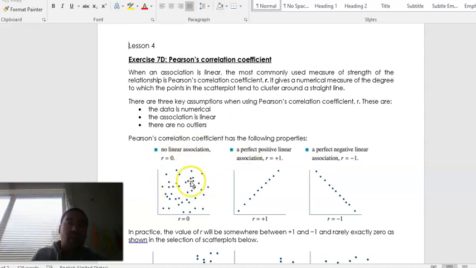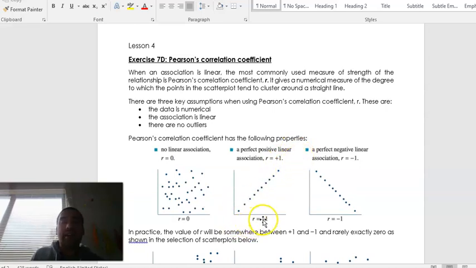So right here we have that there is no linear correlation. And when something doesn't exist correlation wise, we just say, look, R is equal to 0 in this case. There might be an R value that you can potentially figure out, but in this case we just say R is equal to 0. Then on the contrary side to that, if there is a perfect positive linear association, we would say that the R value is exactly 1, and it's a positive 1 because from left to right it goes up.